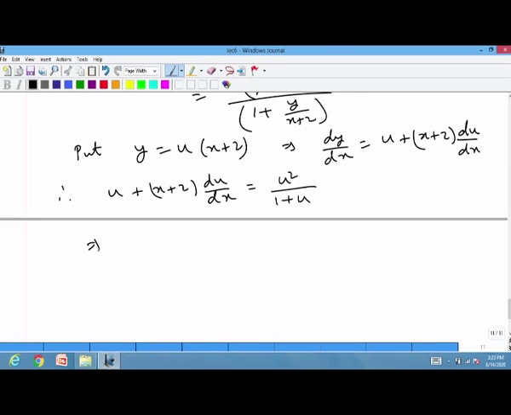So, this implies (x+2) du/dx is equal to u^2/(1+u) minus u, which is equal to -u/(1+u).